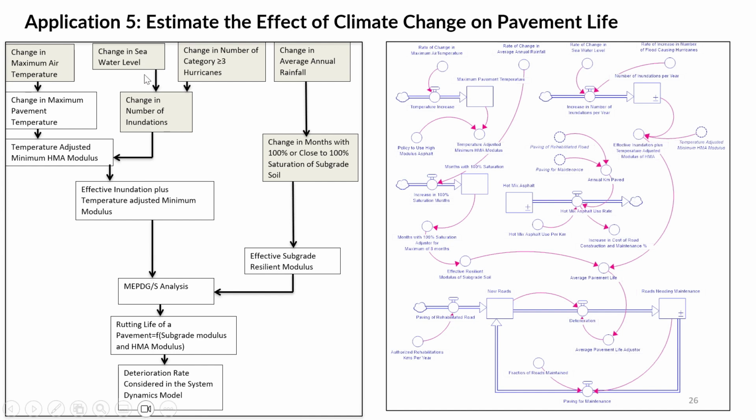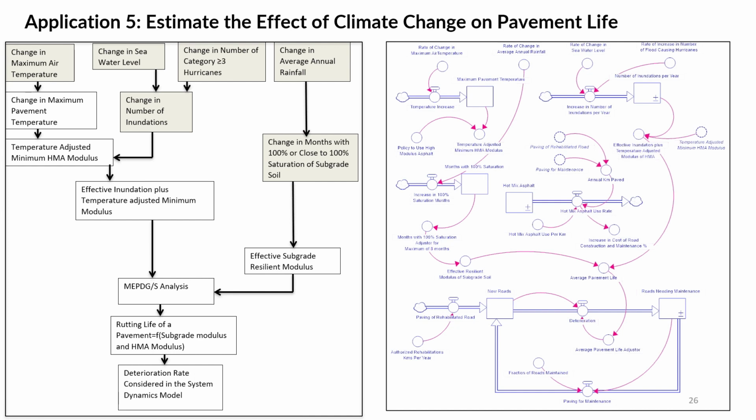What is the change in seawater level, if that is relevant? Change in the number of category 3 or more hurricanes, and change in average annual rainfall over the years. Can I tie them to the properties of the pavements, roadways, and then predict the deterioration rate of those pavements? Why is it important?